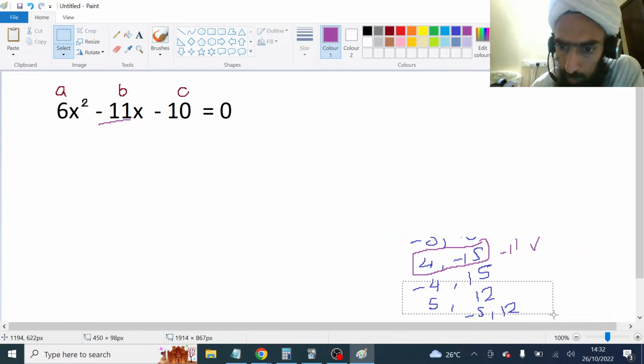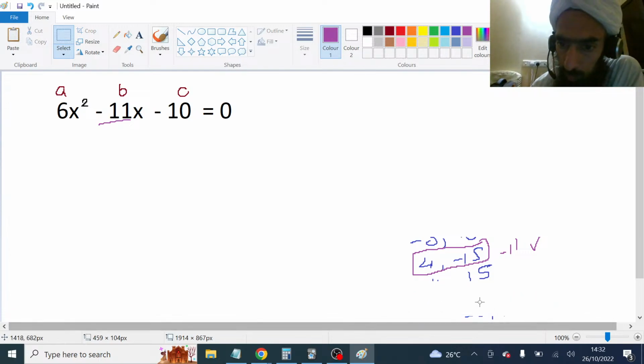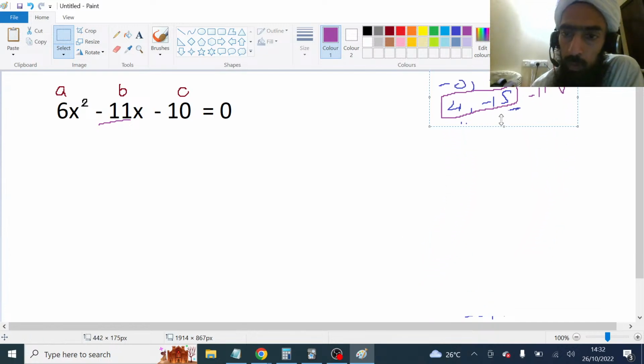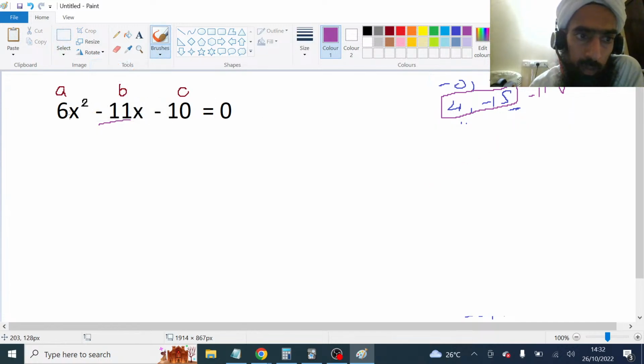And the next step now is going to be a little bit different to what you've seen already. So we're going to take the pair 4 and minus 15, but this time we are still going to just work with the terms here. So we're not going to introduce the brackets just yet. We're just going to stick with what's here.